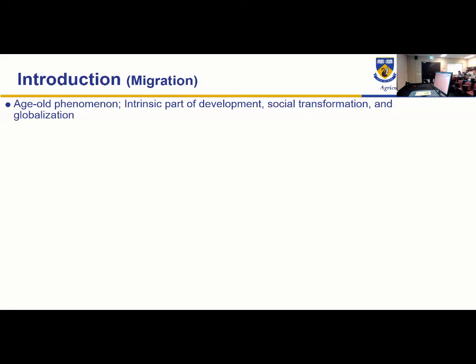Since the beginning of human life, human beings have always moved from one place to another for a variety of reasons. That could be for livelihoods or to escape from conflict or war, famine, or natural hazards. Migration is an intrinsic part of development, social transformation, and globalization.